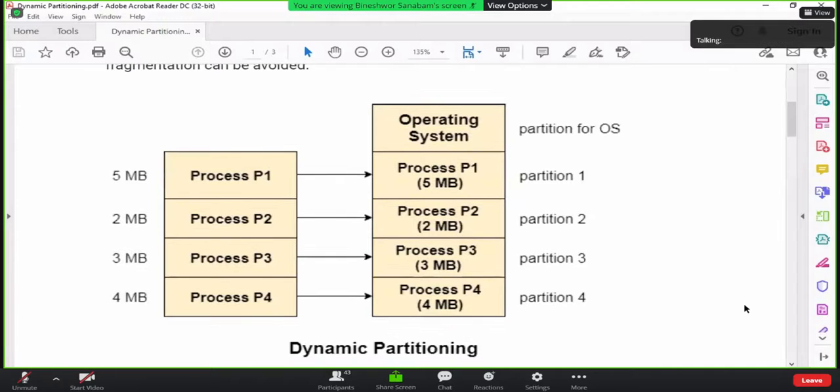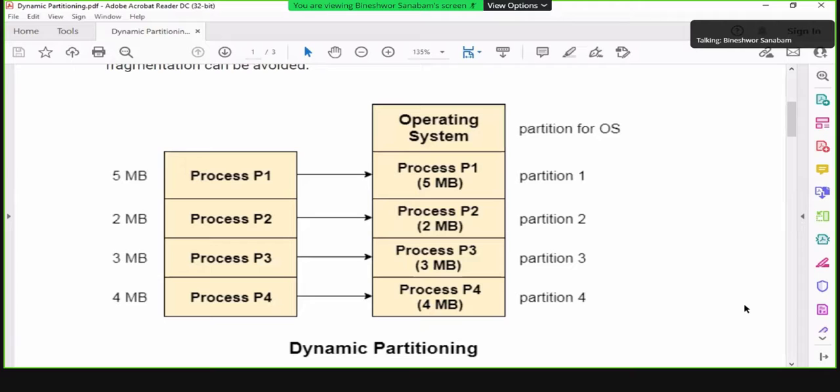So let's see this diagram. Here we have four processes, process 1 to 4. Process 1 requires 5 MB of memory, process 2 requires 2 MB, process 3 requires 3 MB, and process 4 requires 4 MB.